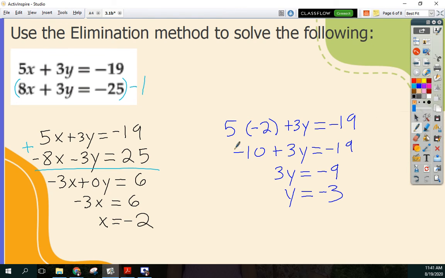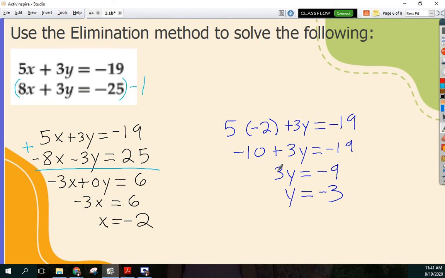Do be careful on adding this negative 10, because a lot of us want to write negative 29 there instead. So just be careful with those algebra steps. So again, remember, I want to write my answer as an ordered pair. So my x value comes first, my y value comes second. So negative 2, negative 3 is going to be my answer.